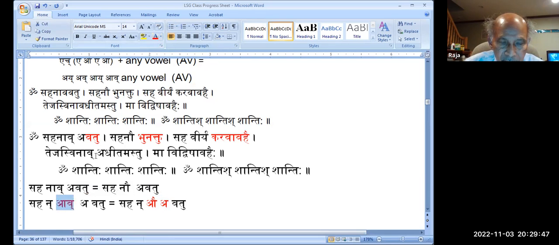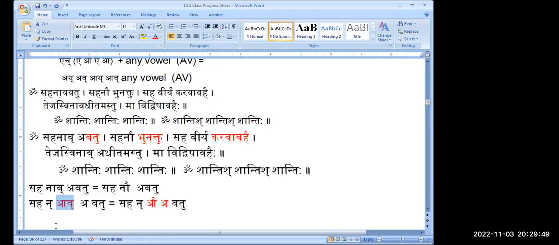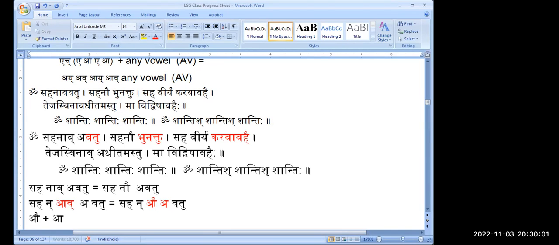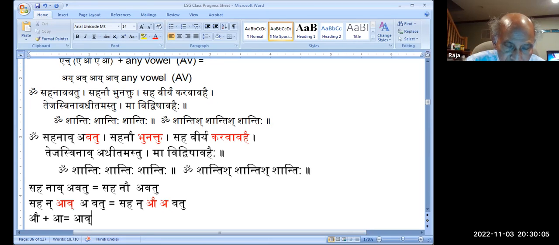You see that? So basically what we are saying is, au plus any vowel, it really doesn't matter. Any vowel, the au gets replaced by av plus that any vowel.